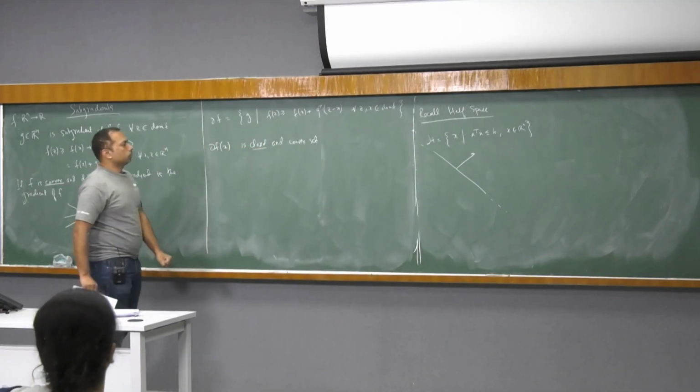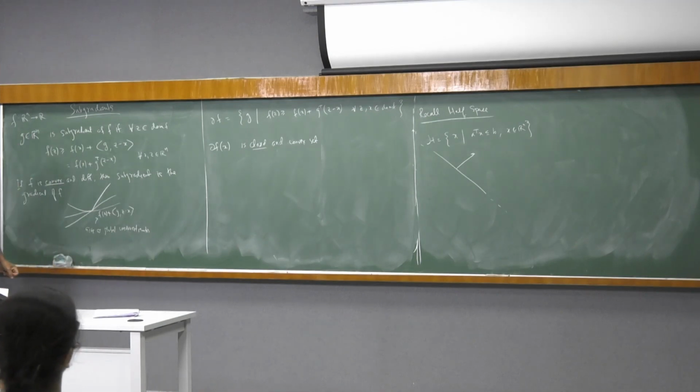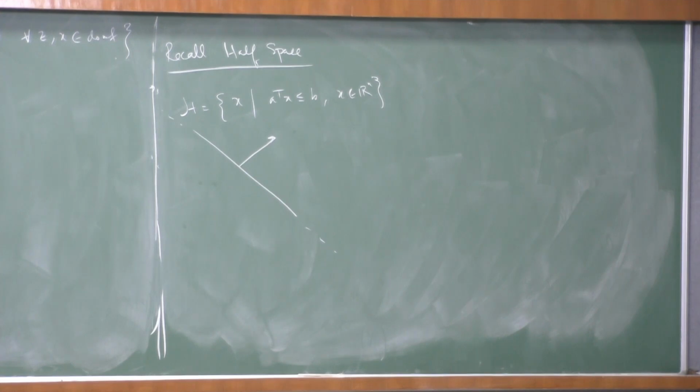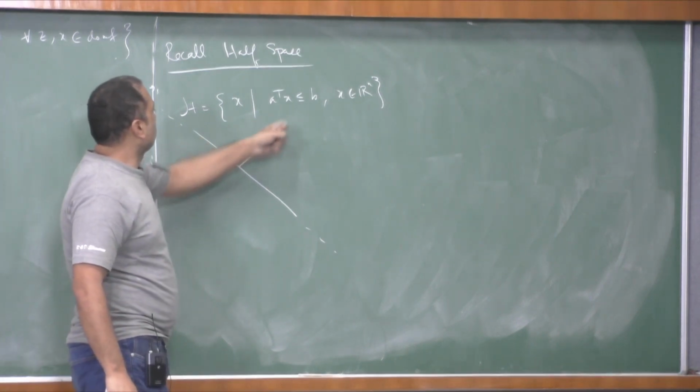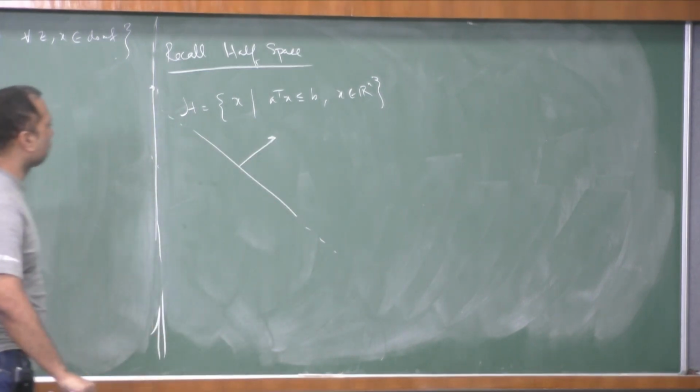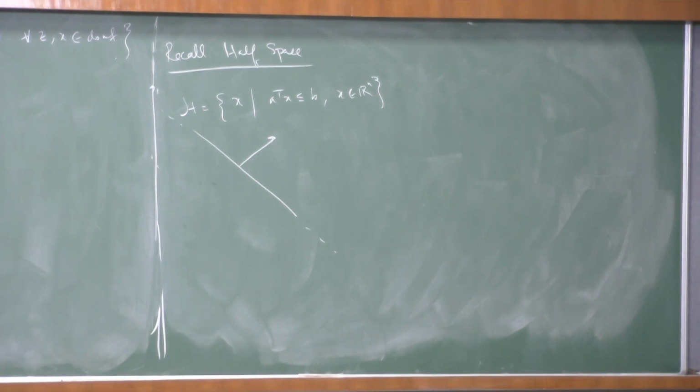Half spaces necessarily divide your space into two parts, and this also holds in higher dimensions. If the ambient space is Rn, then this is a hyperplane of dimension n minus 1, and it partitions the space into two halves.